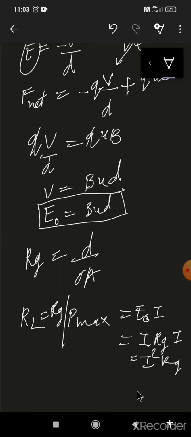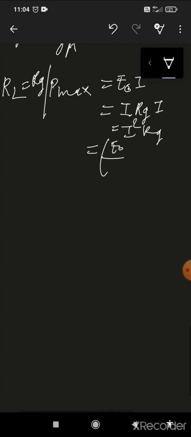Instead of I, we can write E0 upon RL plus Rg, so E0 upon RL plus Rg whole square into Rg.